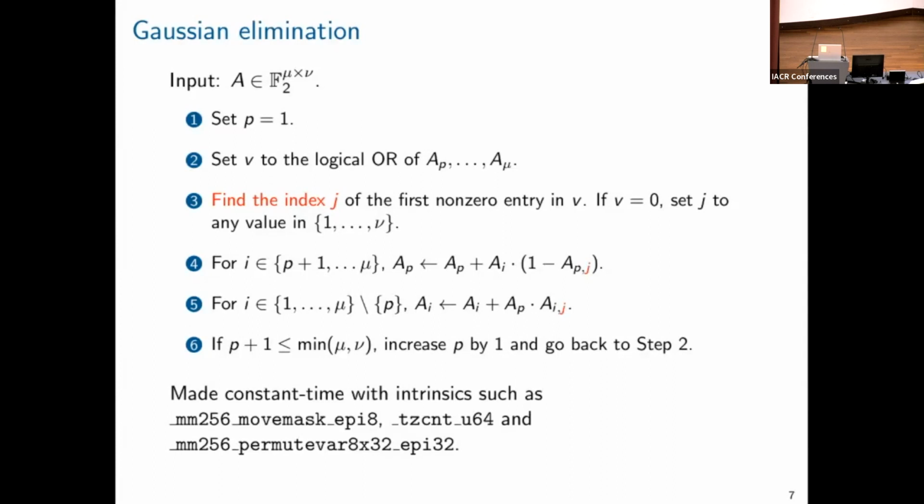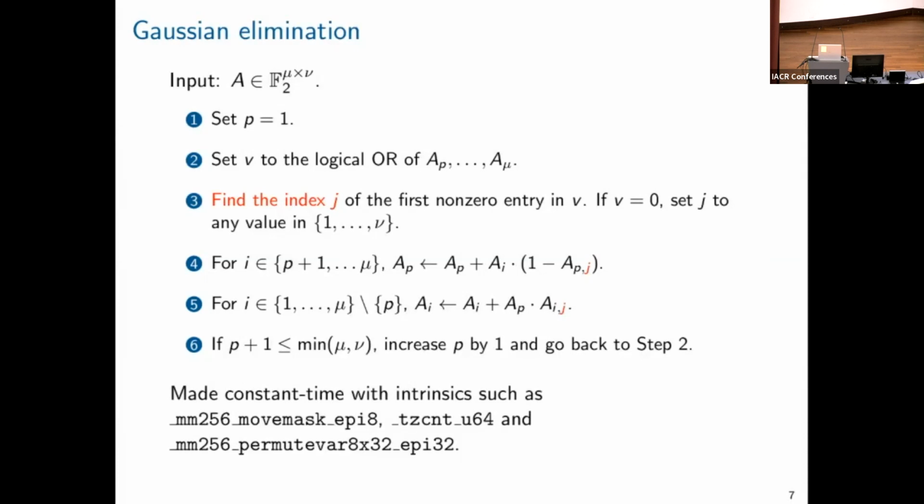So here the problem is that if you want to find the index j of the first non-zero entry of the vector v, if you do it wrongly, it can be non-constant time, so you need to take care of that.